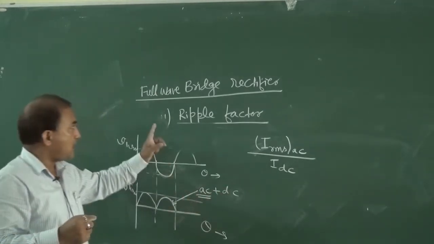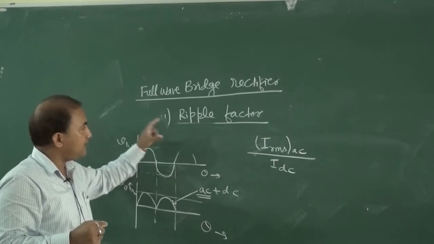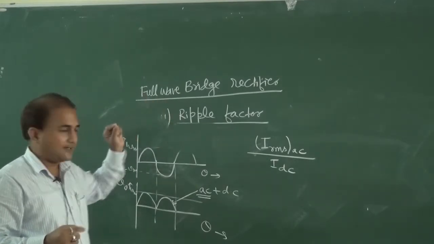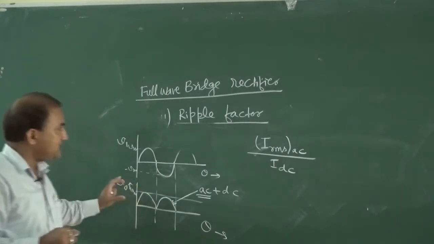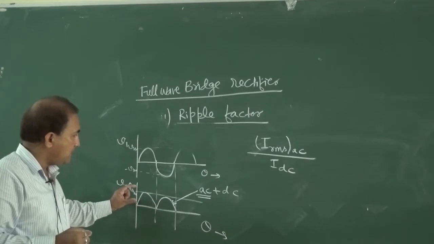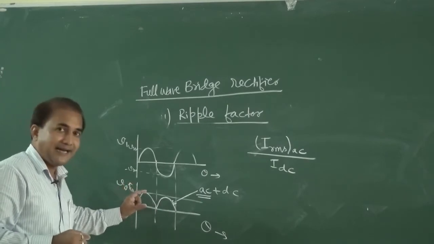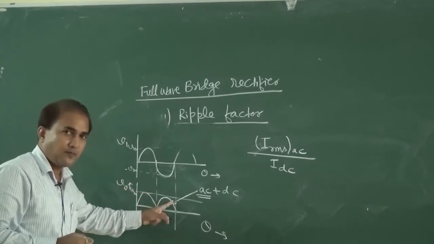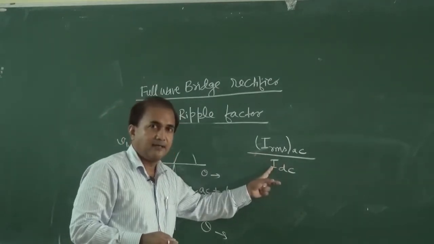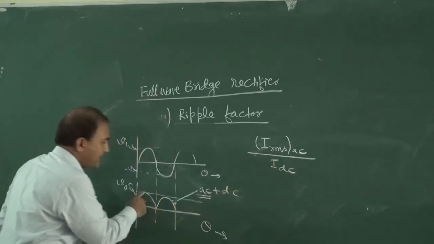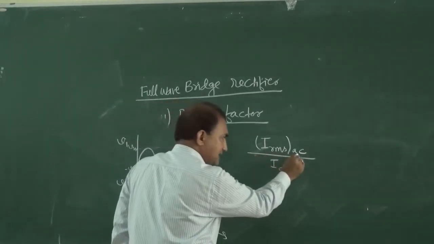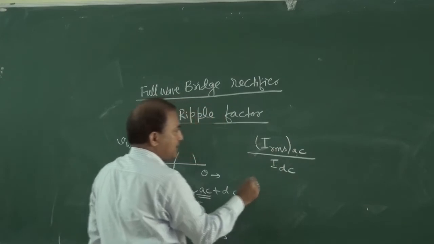So how can we define the ripple factor of a full wave bridge rectifier circuit? Ripple factor is the ratio of the RMS value of the AC component divided by the DC component of the rectified output. So this is equal to IRMS AC component divided by IDC.